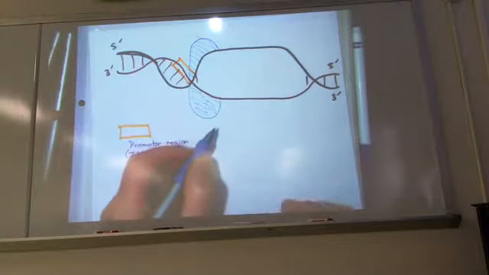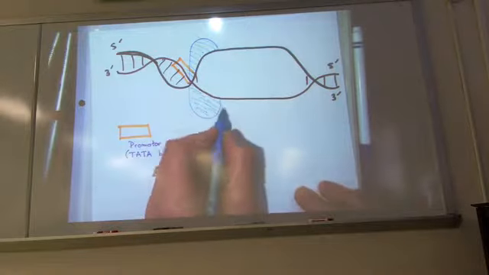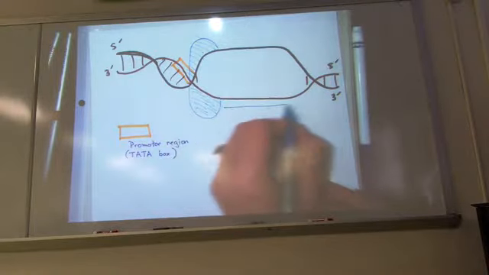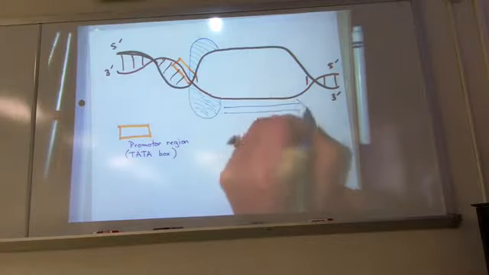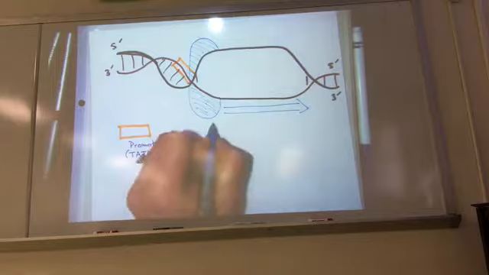RNA polymerase is unzipping, unwinding, and it's moving from where the promoter region is, and it continues to move in this direction. And this is my RNA polymerase.